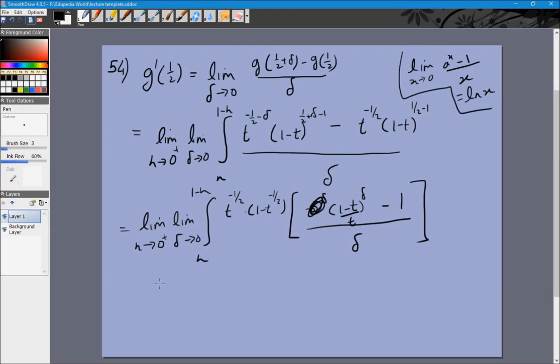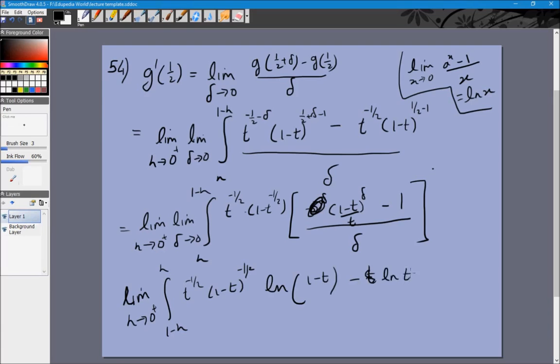So from this what we get is limit h goes to 0 plus, integral from h to 1 minus h, t to the power minus half, 1 minus t to the power minus half, ln of (1 minus t by t), which I can write as ln of 1 minus t minus ln of t, dt.